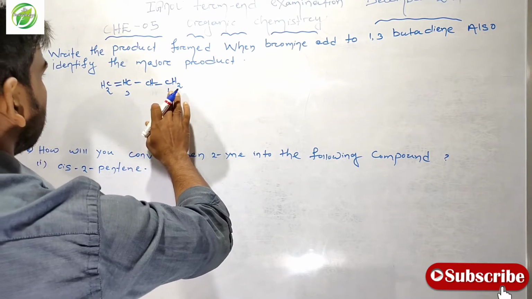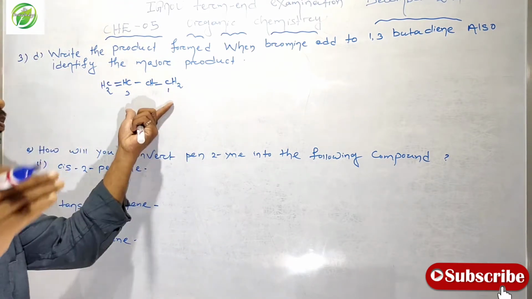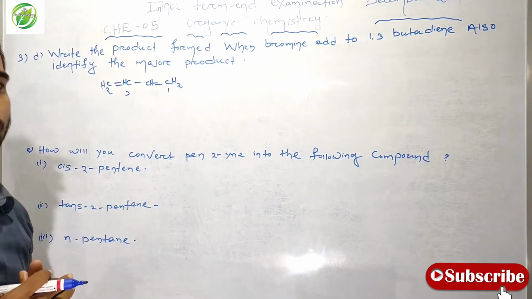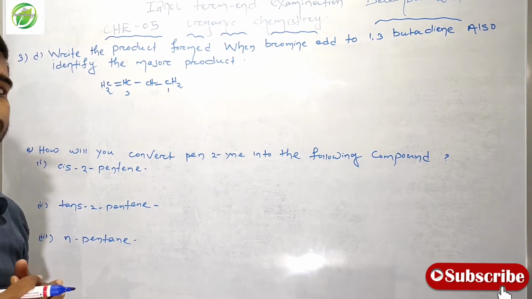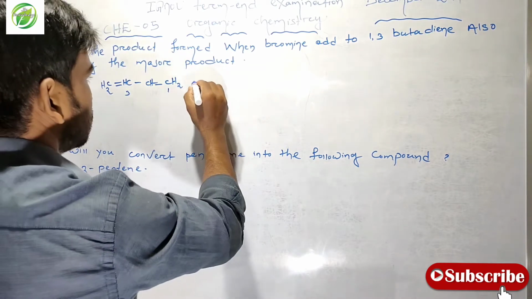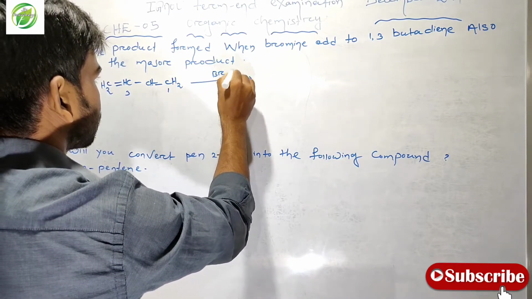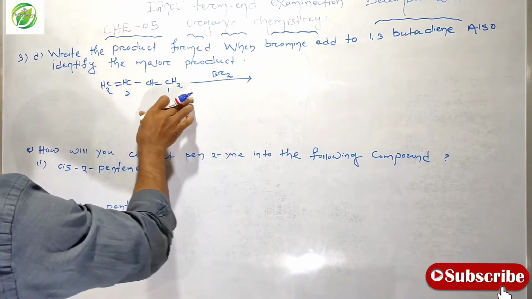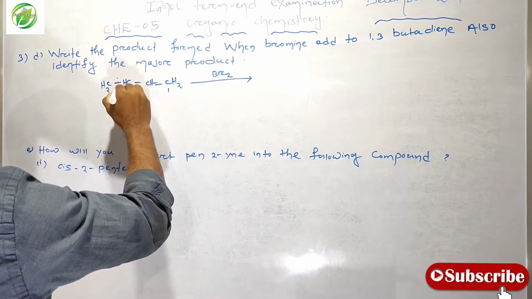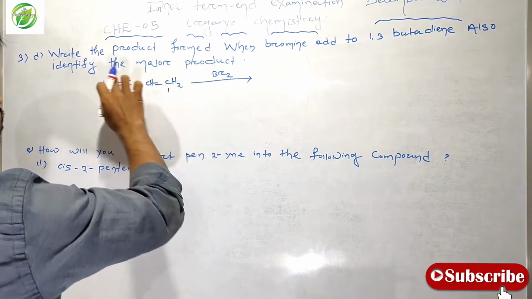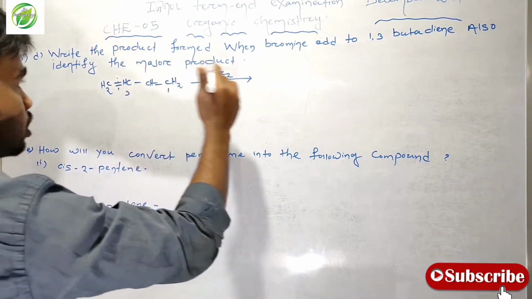Friends, when 1,3-butadiene is treated with bromine, two dibromo products are formed. Let's try to understand it. One product is formed when this double bond is broken and bromine atoms are joined to these carbon atoms.